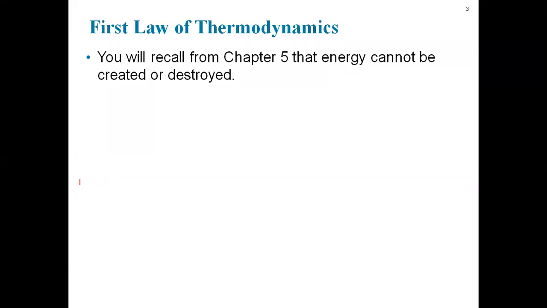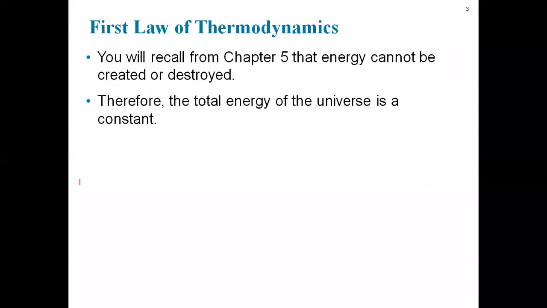Altogether, there are 4 thermodynamic laws. The first law is the conservation of energy, which means energy cannot be created or destroyed. Therefore, the total energy of the universe is a constant.